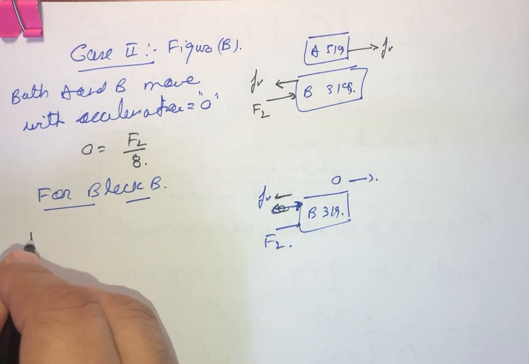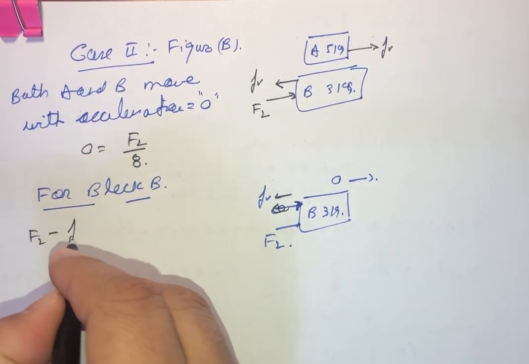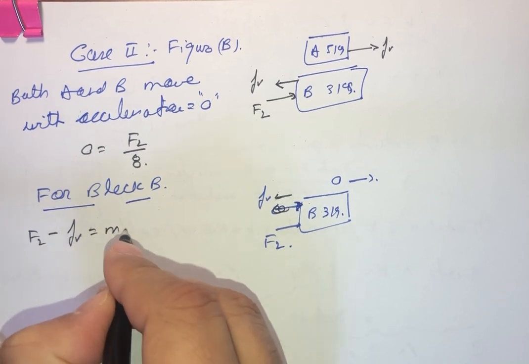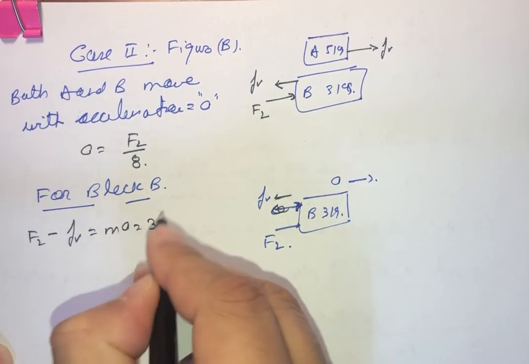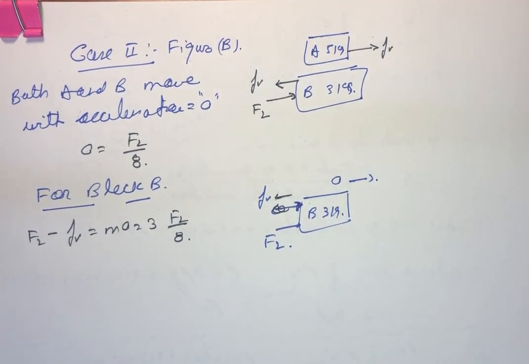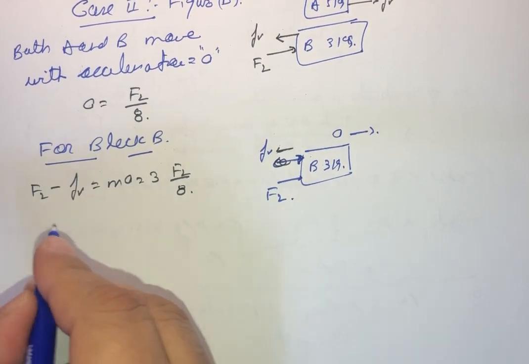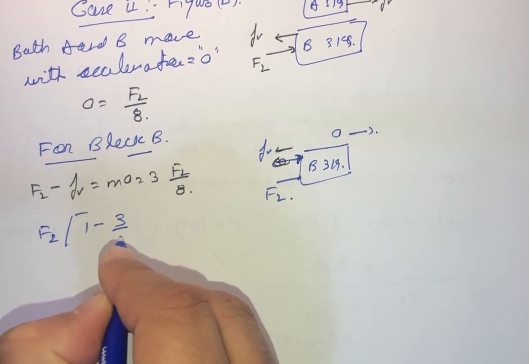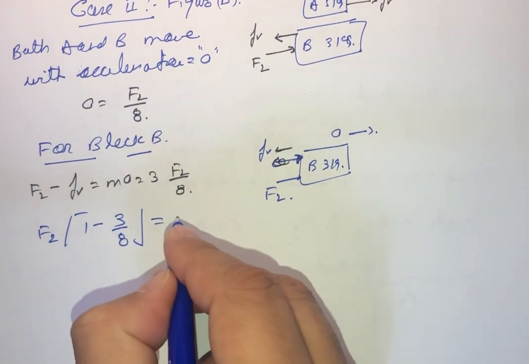So we can write this as F2 minus Fr will be equal to MA. M is 3 and acceleration is F2 by 8. So we can solve this further. Taking F2 as common, 1 minus 3 by 8 is equal to Fr.